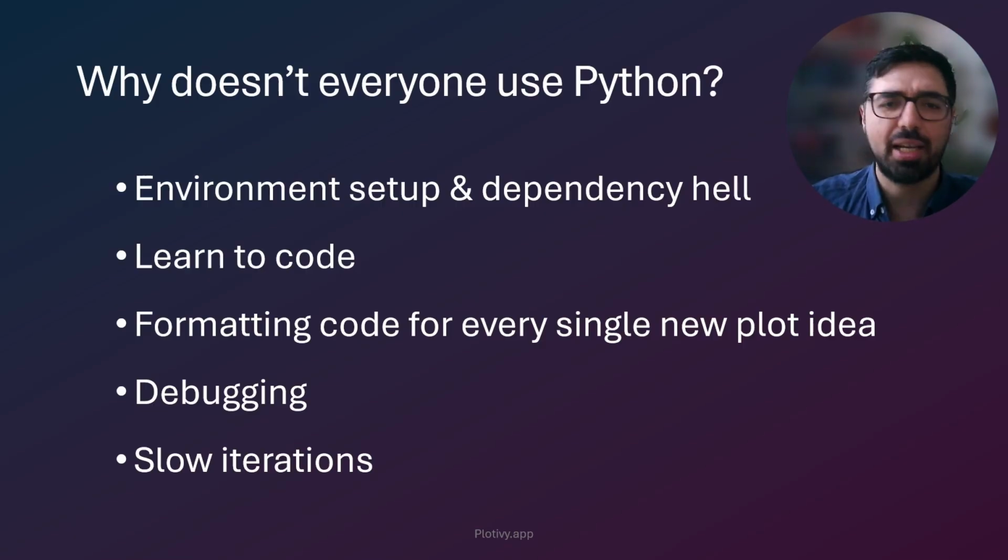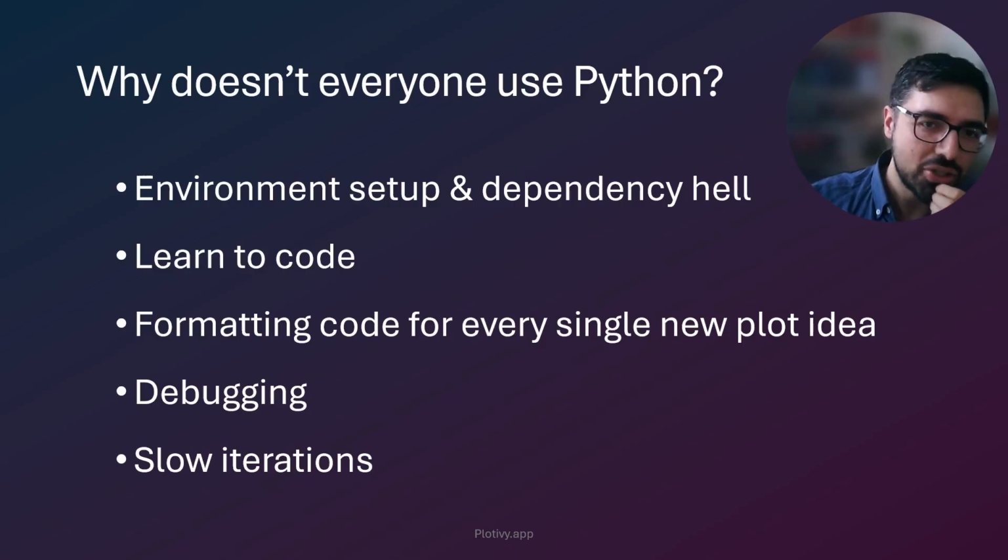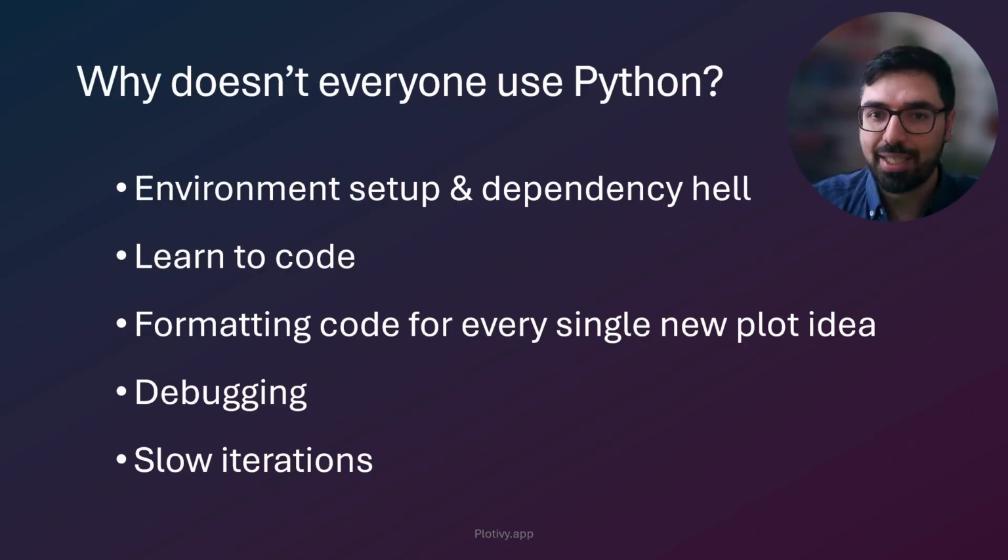And this makes iteration slow, and debugging is frustrating, and researchers should spend more time on science and not on debugging, but on validating the written code, and this is fundamental.